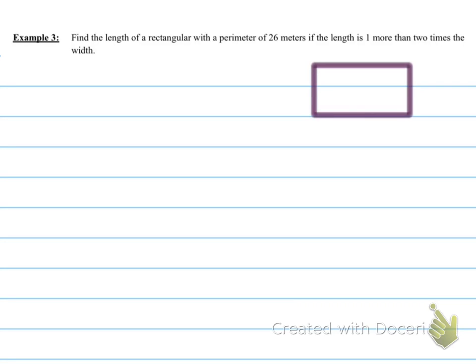And make sure you start with step 1. And remember, in that first step, we always use words on one side and then variables on the other. So L and W don't mean anything to me if you don't tell me what they are, right?